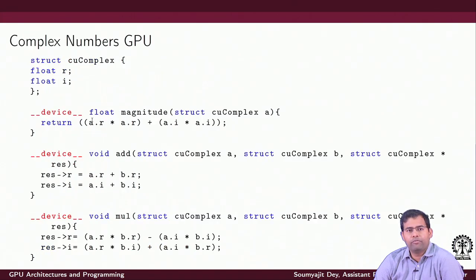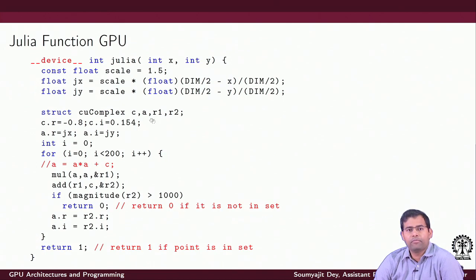We are calling these cuComplex types because they are the CUDA equivalent. So you have this complex constant c, you have the input a, and you have the original loop here, just like normal C code. Essentially you are doing the multiplication, then the addition, and then the magnitude testing, whether it's converging or not. If you are able to execute this 200 times without ever returning out, then you say this is a member of the Julia set.